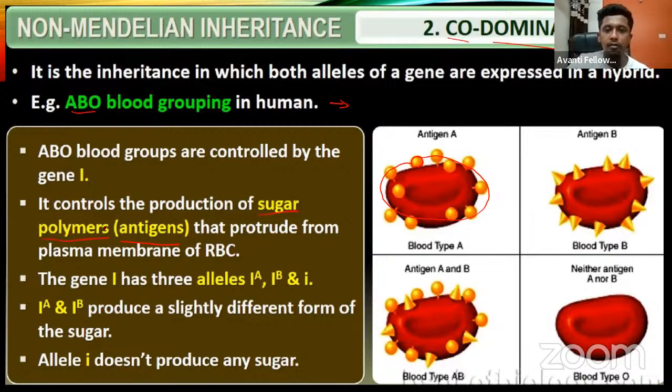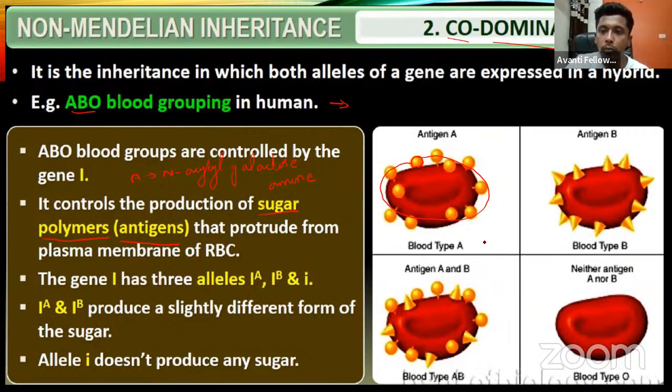That depends. For example, if I talk about the A blood group, the type of sugar is N-acetyl galactosamine. This is the sugar present in the A antigen.